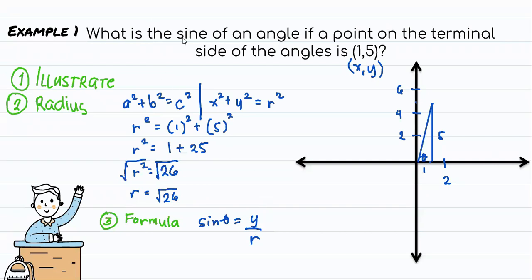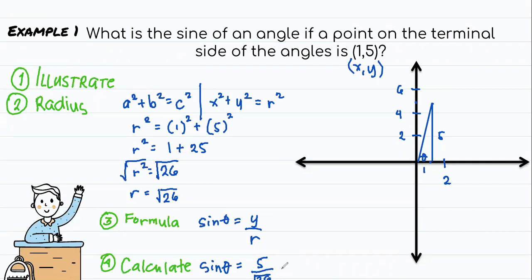So let's substitute the given. For our final step, step number 4, is to calculate. So we have sine theta is equal to the value of our y, 5, over square root of 26.